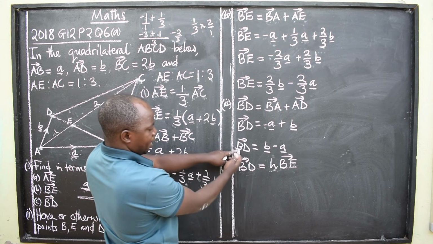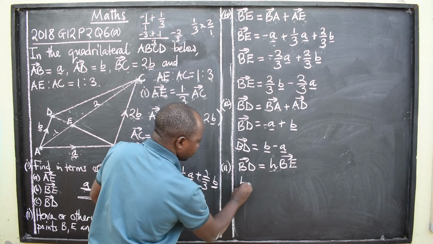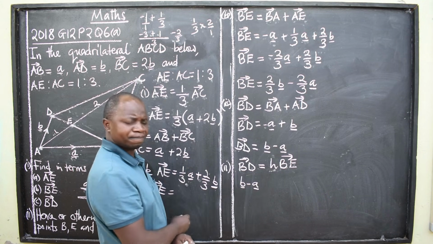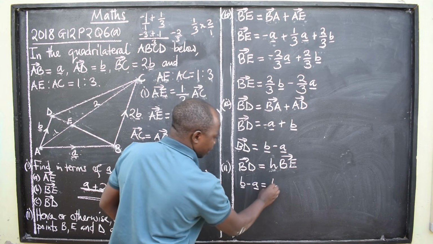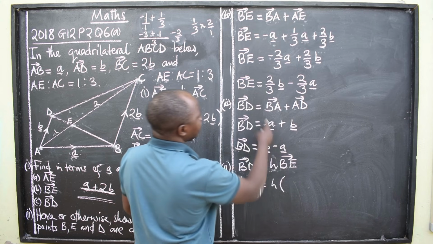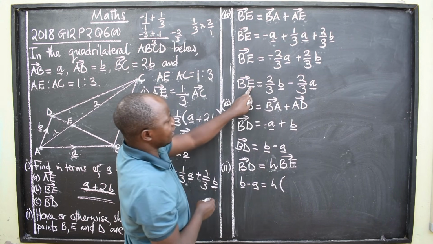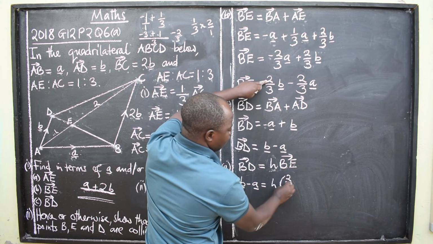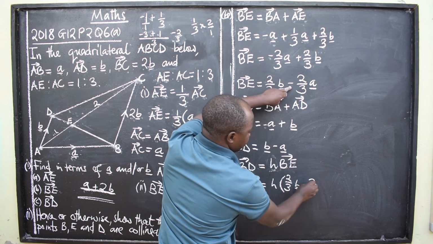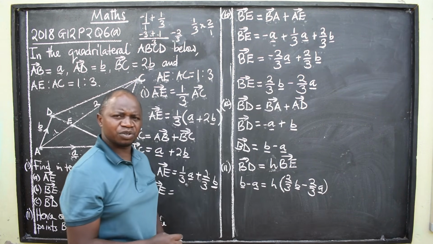We have BD here, which is this. So I'll substitute there: B minus A is equal to H. I want H here. What is BE? We got BE here, which is 2 over 3 B minus 2 over 3 A. Have you seen the substitution there?